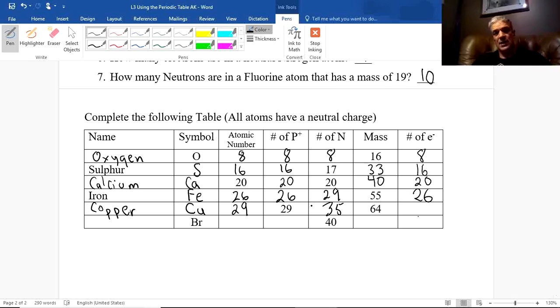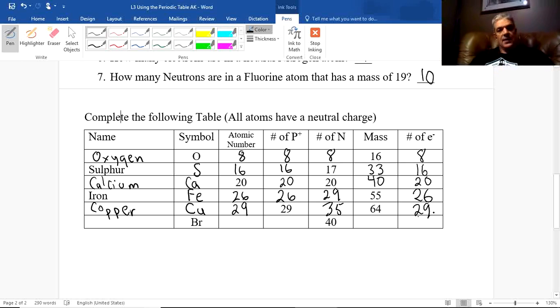For some of you, that might be a bit of a challenge, but if you practice it, it's not that hard. When you're trying to find the neutrons, you just subtract the number of protons from the mass, and you will end up with your number of neutrons, okay? Now, the last one, of course, the number of electrons is going to be equal to the number of protons, so this will be 29. That's because the charge is neutral, so it has to be.